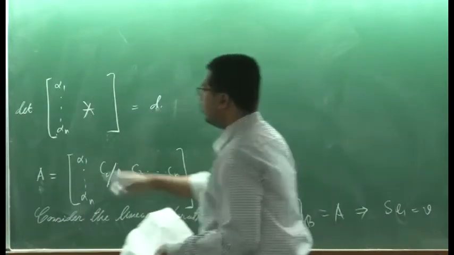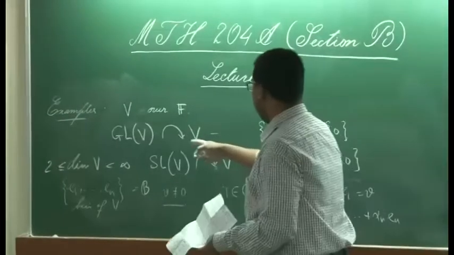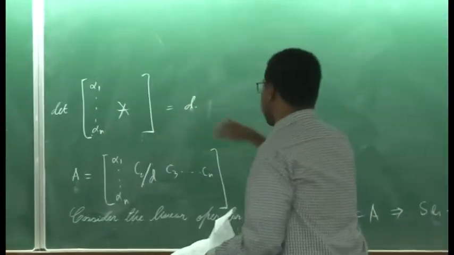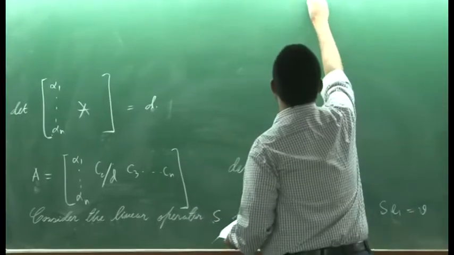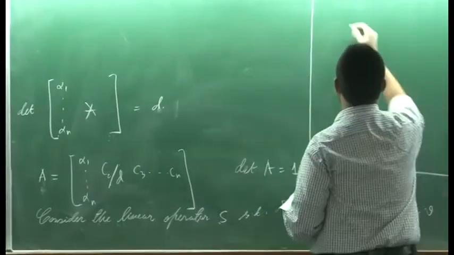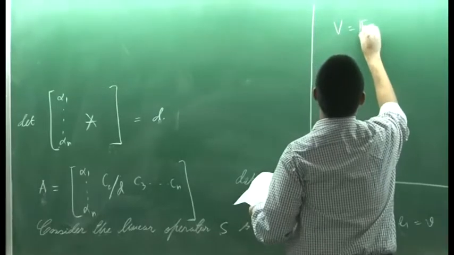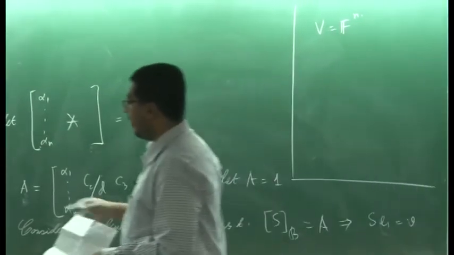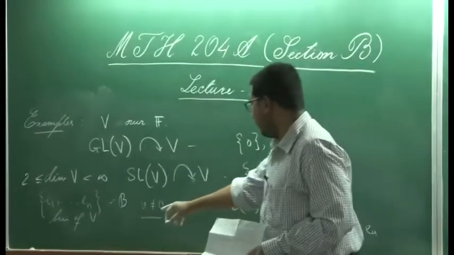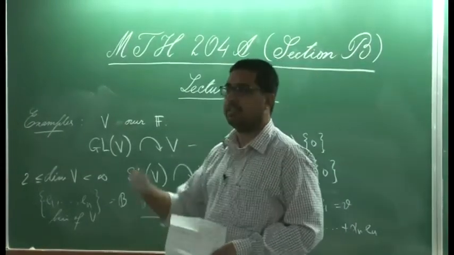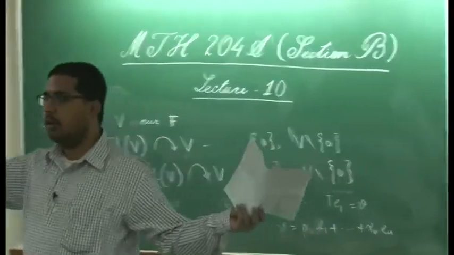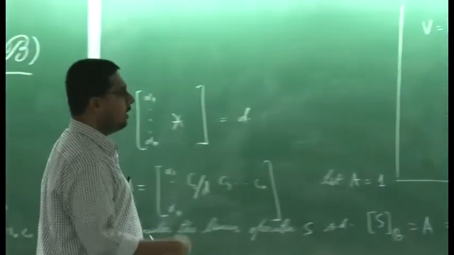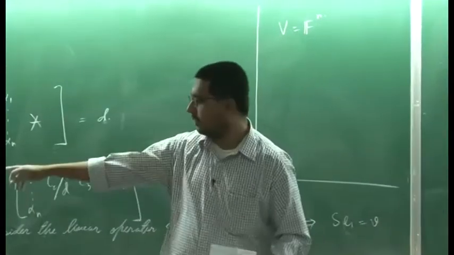and as usual, to see things more concretely, let us take V equal to F^n, then we can see things concretely. Then the stabilizer of the zero vector is always the whole group. The stabilizer of any non-zero vector is conjugate to the stabilizer of e1.